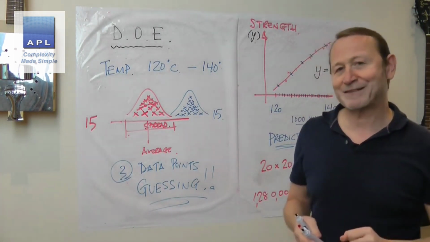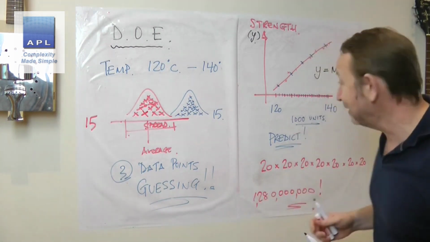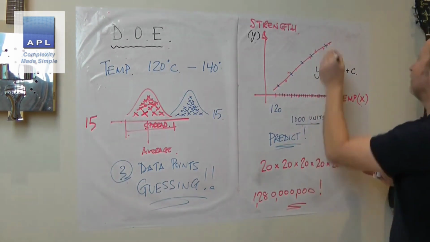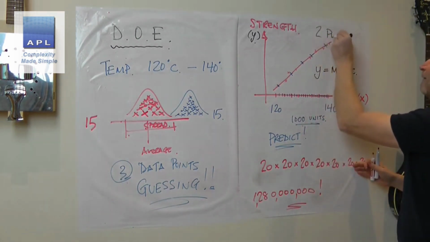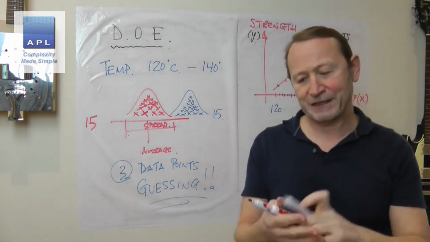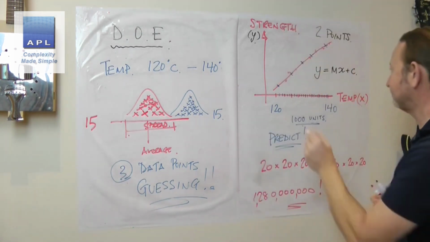But how many places did I need to test in, really, for a linear response? Well, because it's a straight line, I could have got away with just 2 points. And if I'm going to pick 2 points, which 2 points would I pick?